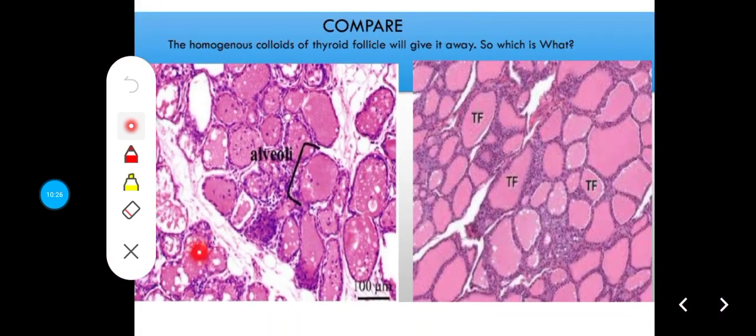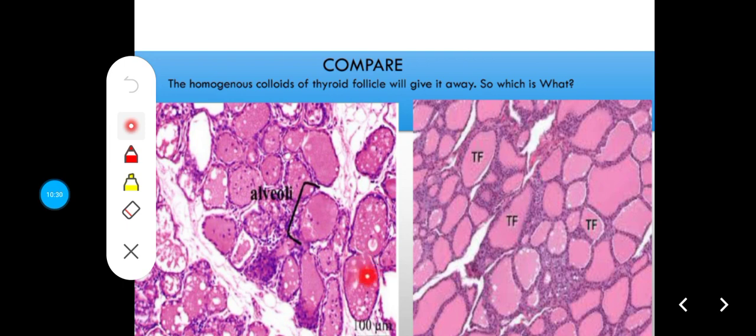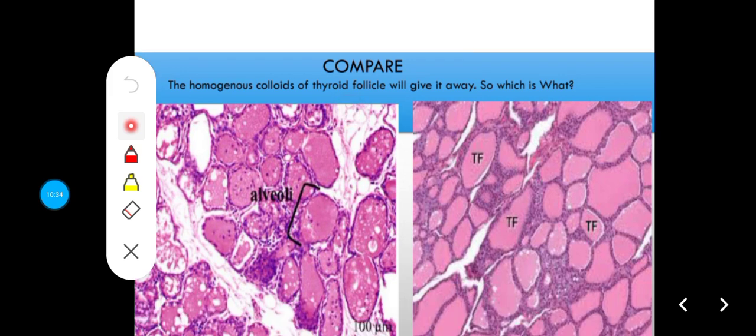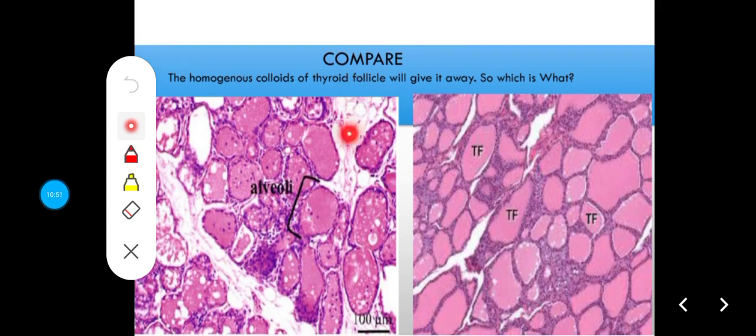I've described this before. Look at the fat droplets in most of the alveoli. And then if you look at the connective tissue in between the lobules, you can find clear white circular spaces, which represent the fat cells. See that? They are numerous. So you can't mistake this for the thyroid.